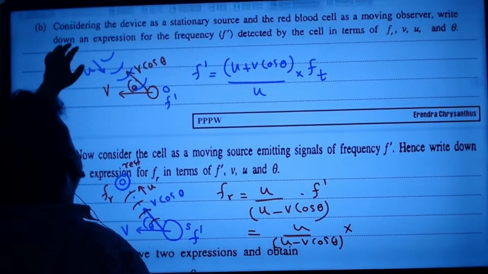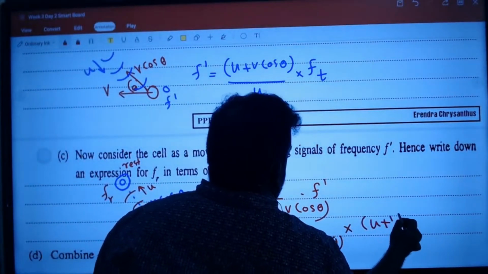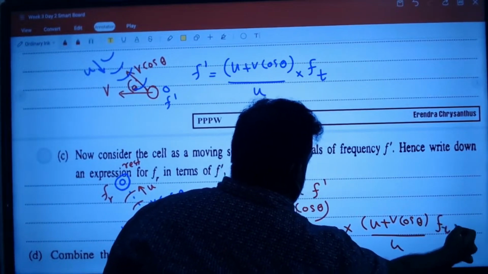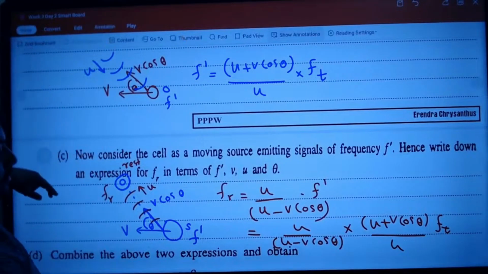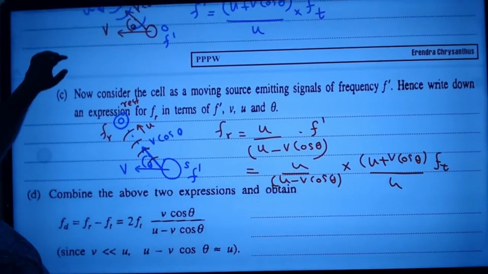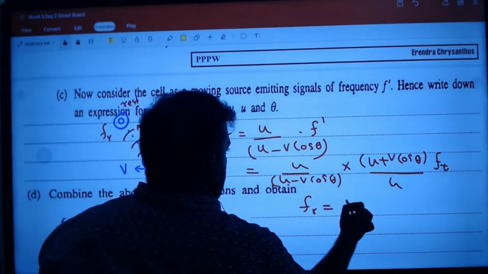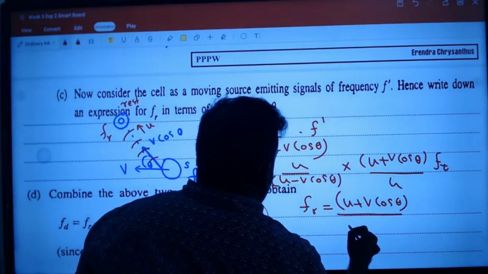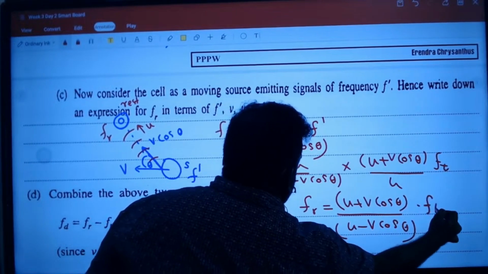Here you go: u plus V cos theta divided by u times f transmitted, and u cancels off. From this you can say the frequency received is u plus V cos theta divided by u minus V cos theta into the transmitted frequency.